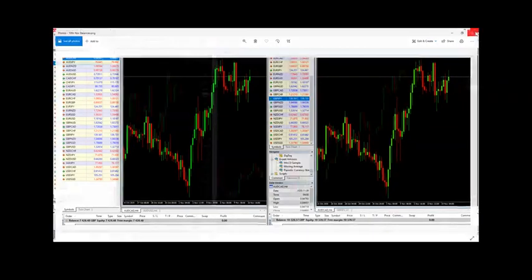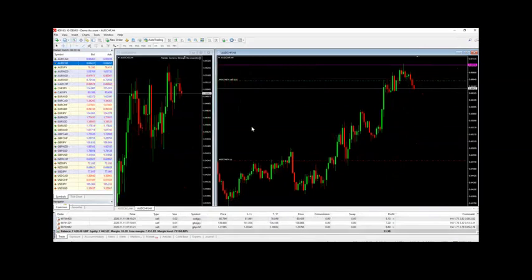Right, now I'll try to explain what happened with the previous study. What we've got here in front of us is one of the trades that's been triggered by the study 4 EA, and the lilac line is where the stop loss had been placed previously, because on my original study 4 I had the stop and target set to 1, and the problem was that the stop was just too close to price.